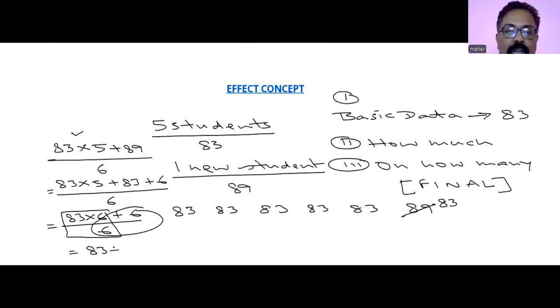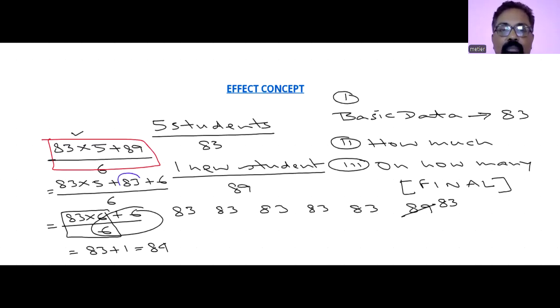So the new average is 84. What we have done here is that we did not follow the conventional multiplication and addition. Rather, we went with another technique. We took out the base 83 and focused on the extra 6.